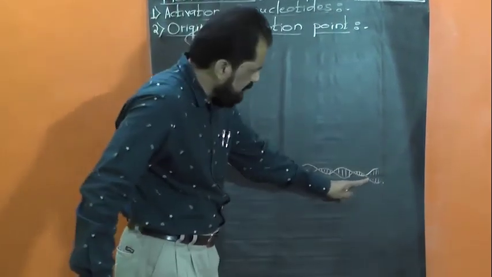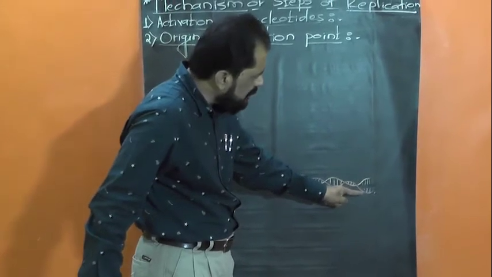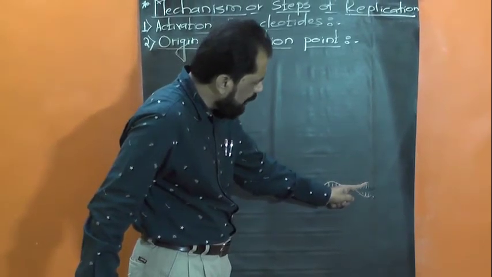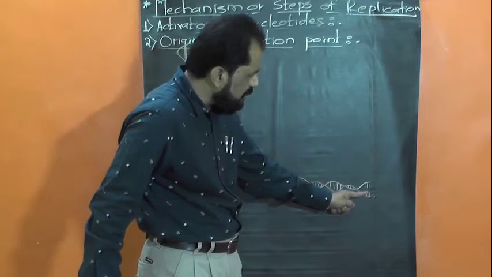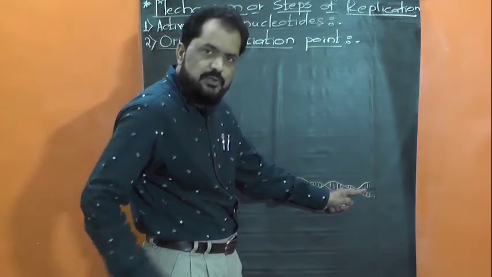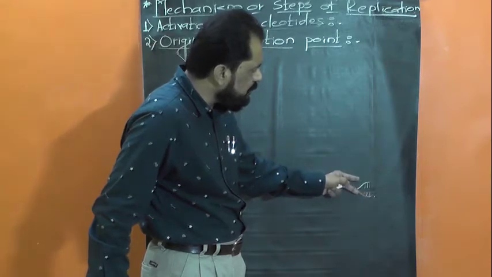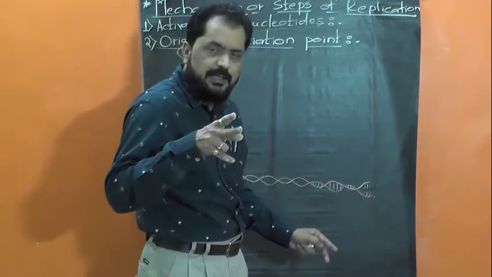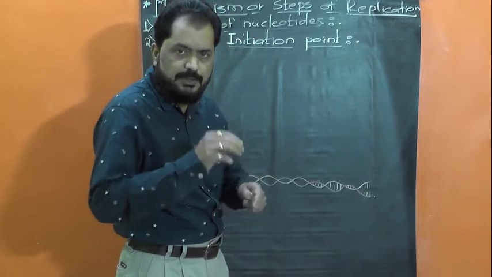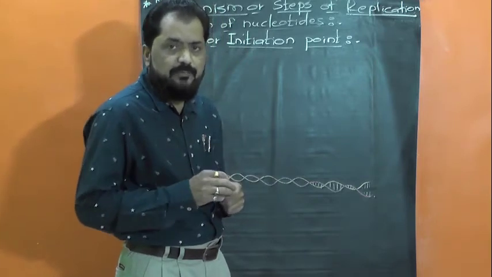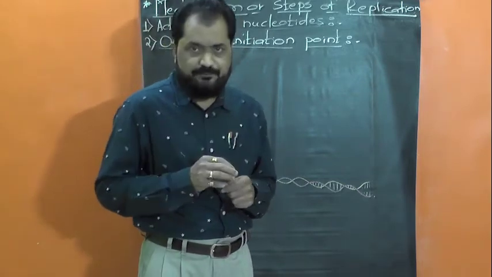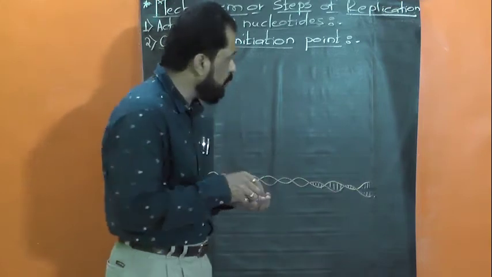We know the two strands of DNA are joined with each other by means of weak hydrogen bonds. So here those weak hydrogen bonds between the two strands of DNA are cut off. They are broken down in presence of an incision enzyme known as endonuclease.